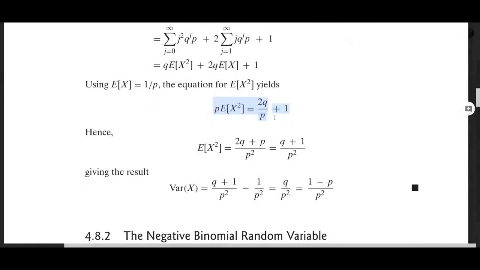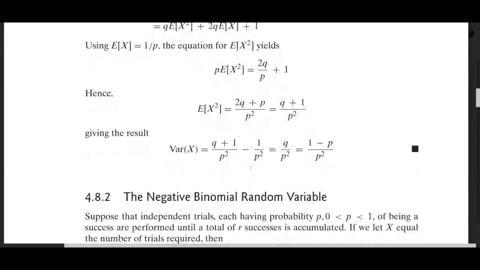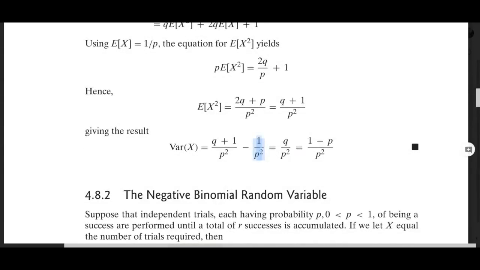Now we divide by p on both sides. Simplify a little bit, because q is 1 minus p, or p is 1 minus q, so we get this. Then we subtract 1 minus p squared.